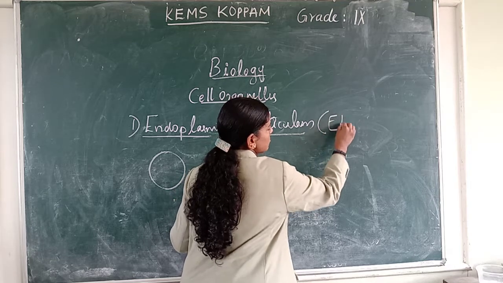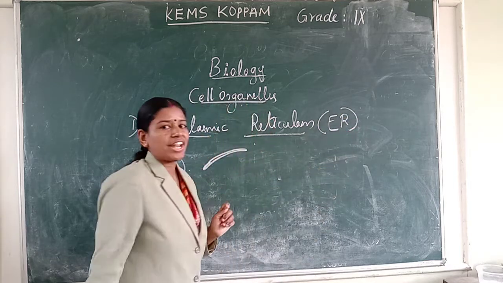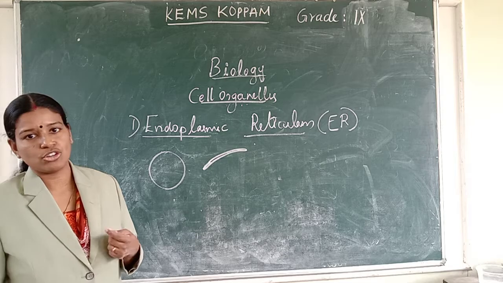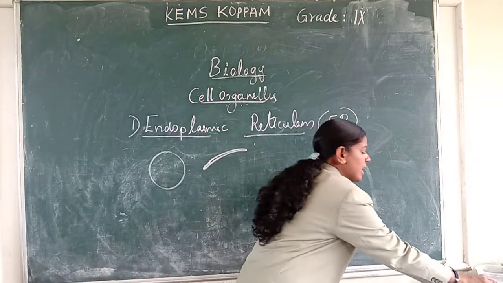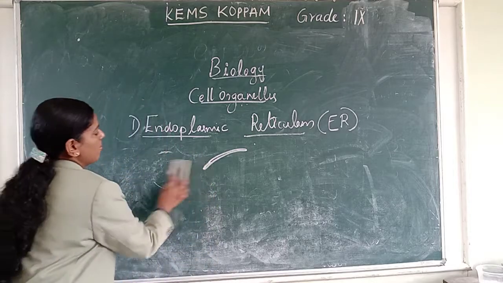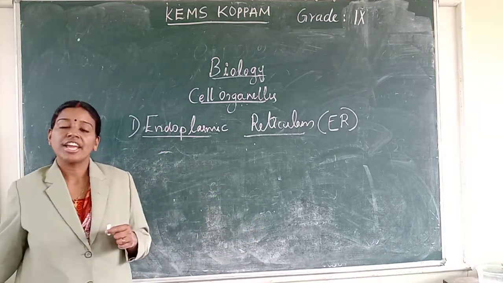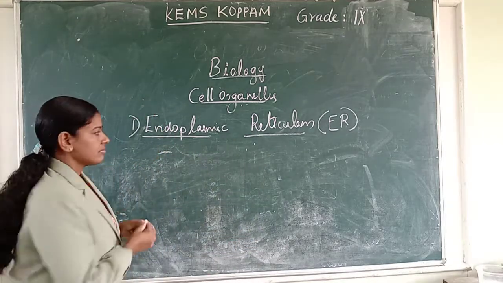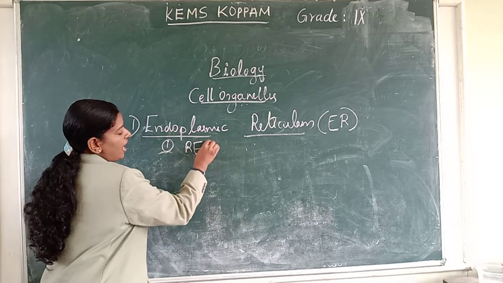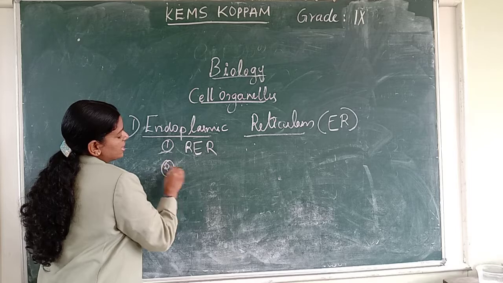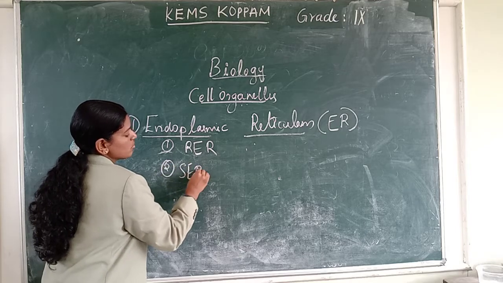The endoplasmic reticulum is written in short as ER. Mainly two types of ER are present. The first one is rough ER and the second one is SER, or smooth ER.